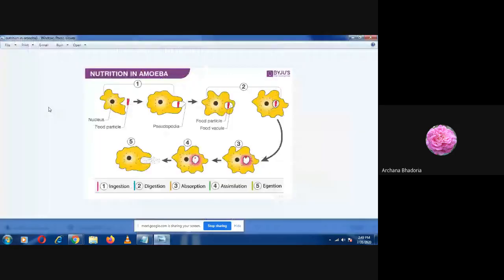Now you can see this image. Is it clear to everyone? So you find that this is the whole process of the phagocytosis. And phagocytosis is endocytosis, cell eating. This is the solid food particle which is coming near the amoeba.